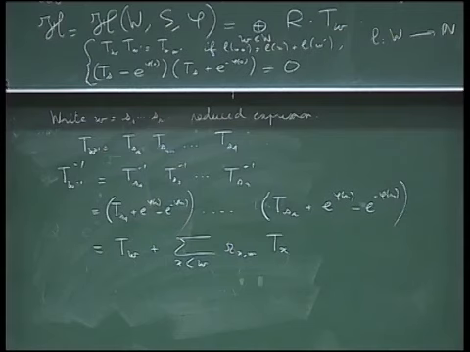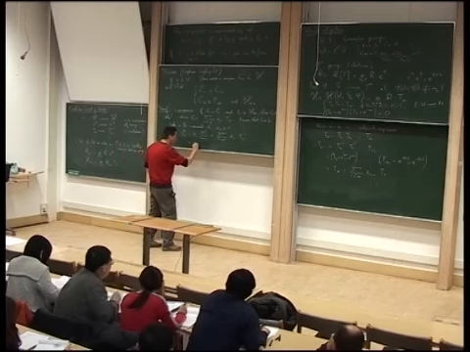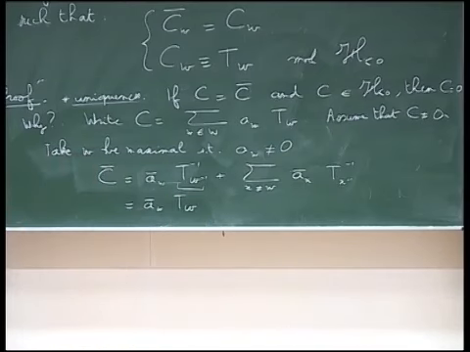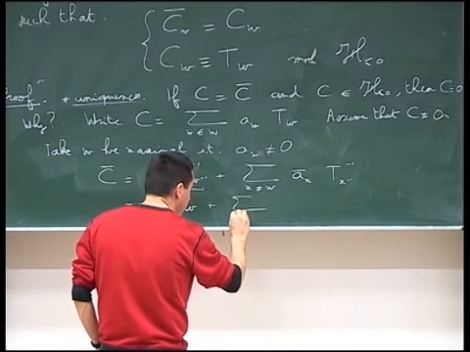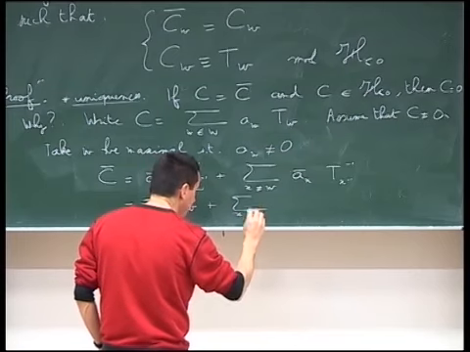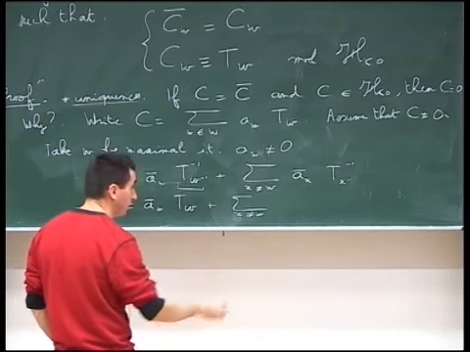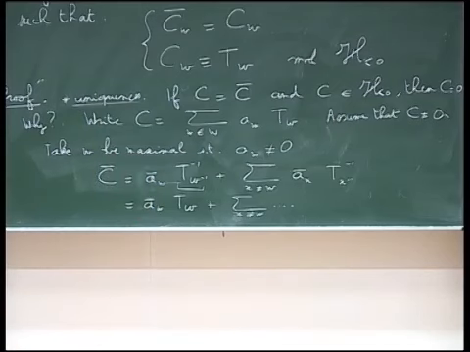But if I come back here, you see that this becomes equal to AW bar TW plus a sum involving elements x different from W of something.